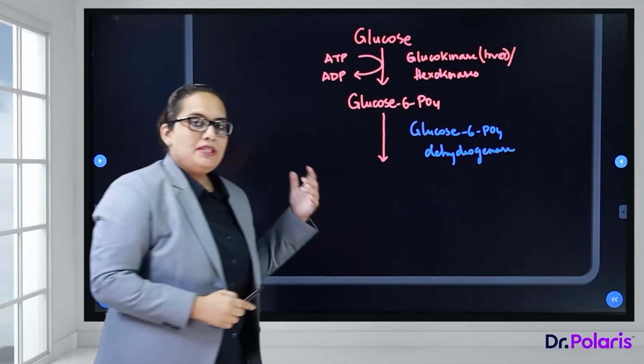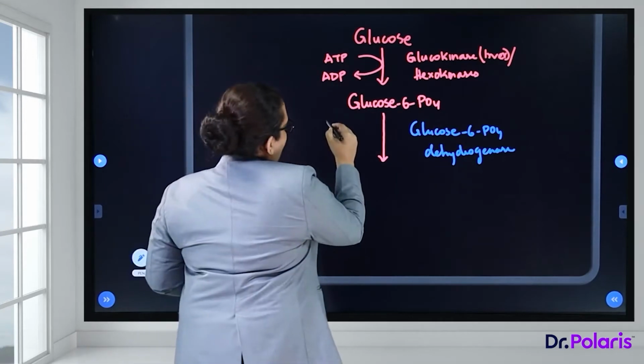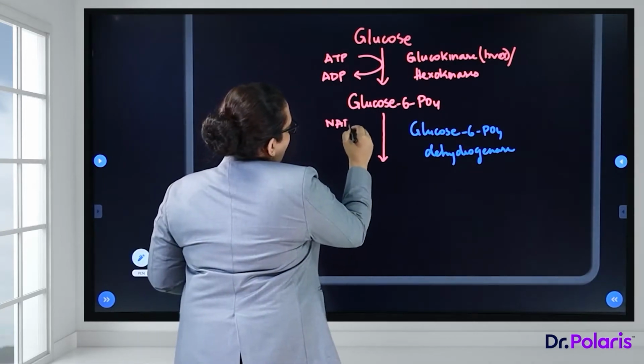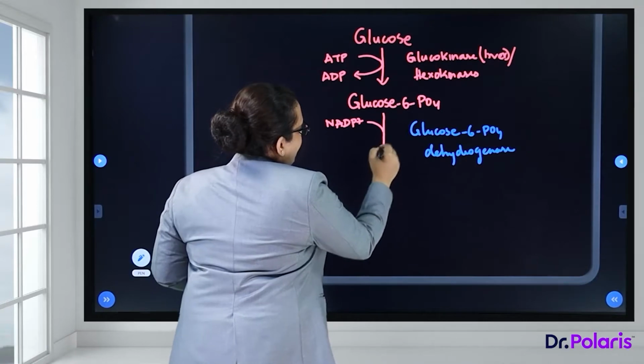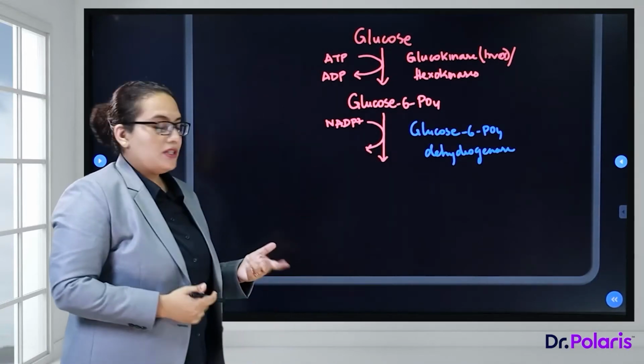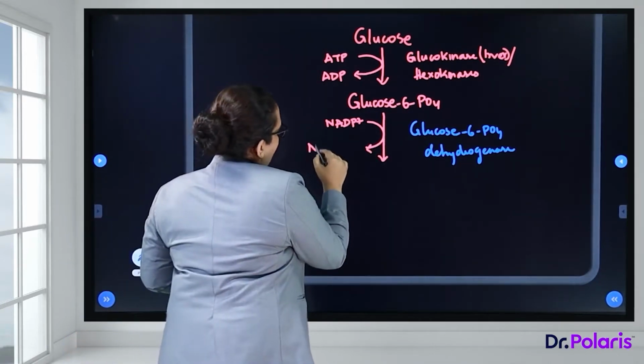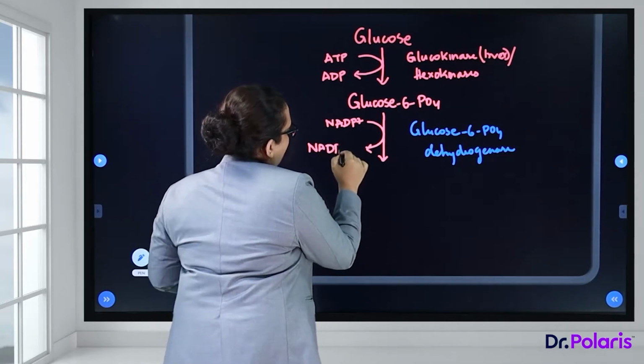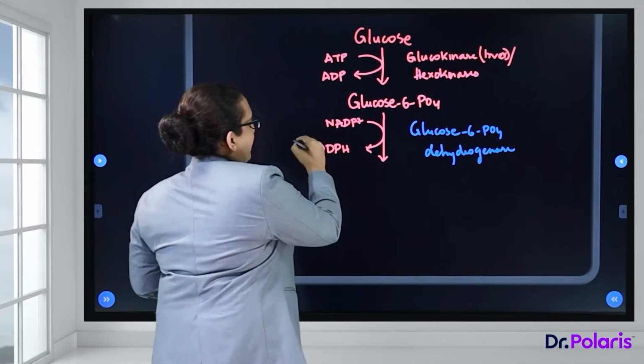So the hydrogen acceptor in this step is NADP. NADP accepts the hydrogen from glucose 6-phosphate and gets reduced to NADPH, which is one of the most important products of the HMP pathway.